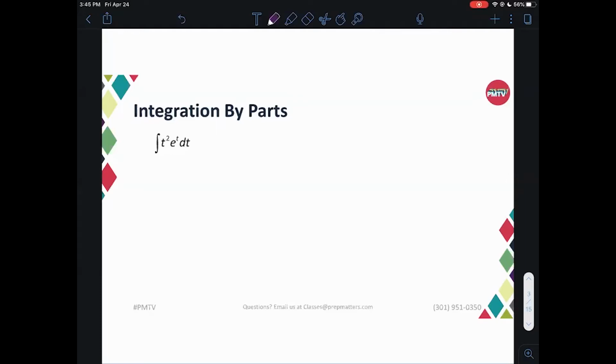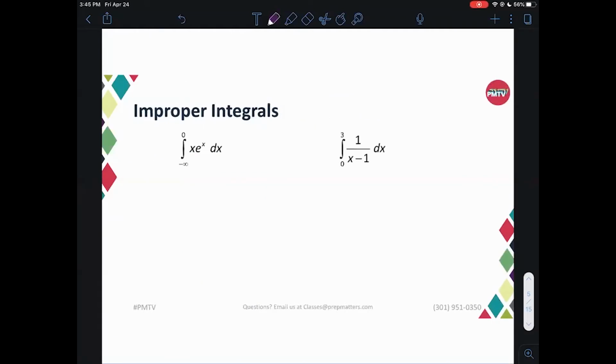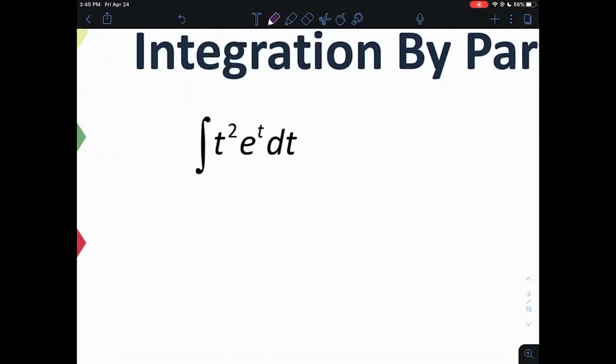But if we are working on free response questions where the entire point is to show something, as in show how to integrate this using integration by parts, or using partial fractions, we do need to make sure that that work looks good and we know how to do it.